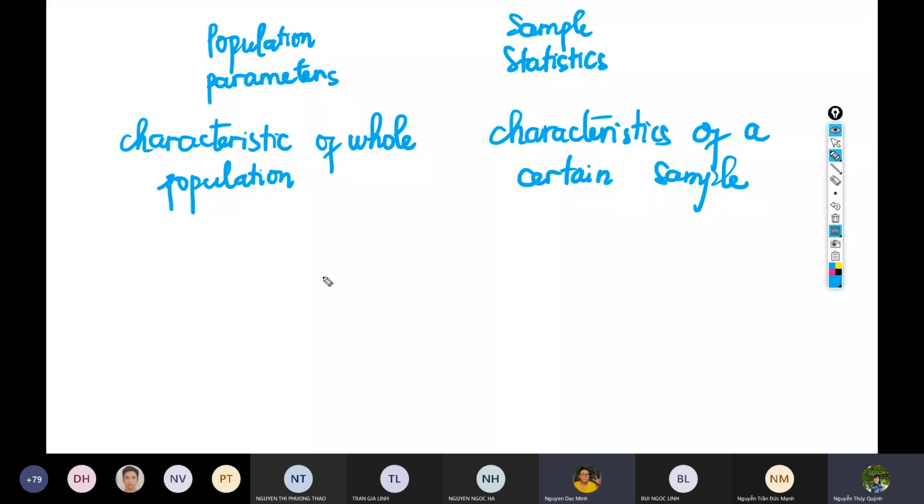All right, what else? Can we calculate the exact value of the population parameters? No, because of the source of data and the amount of data we have. We can only calculate the exact value of the population parameters if we have data for the whole population of interest.